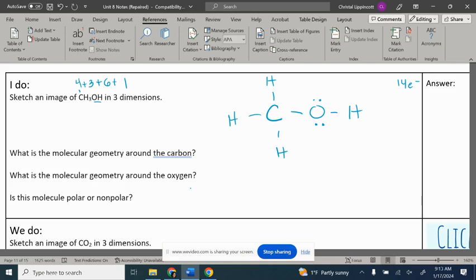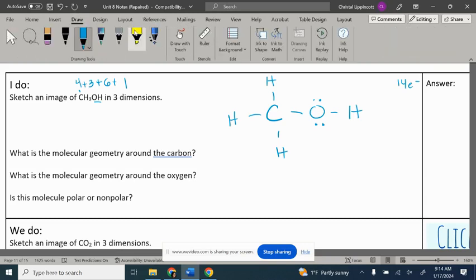Now, they wanted this drawn in 3 dimensions. I'm not so good about that, so you guys can practice on that if you want. Molecular geometry around the carbon. Here we have two things that could potentially be our central atom. They have to tell you which one you want to look at. You are looking at the carbon.